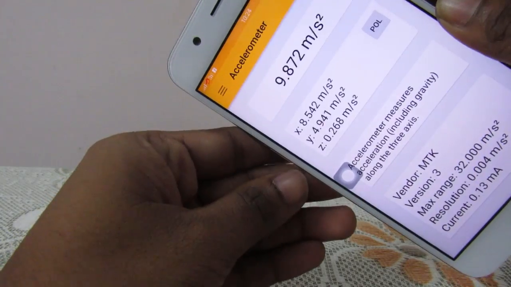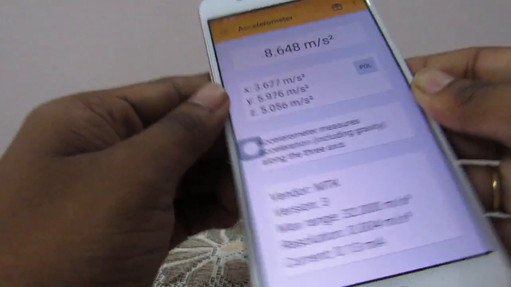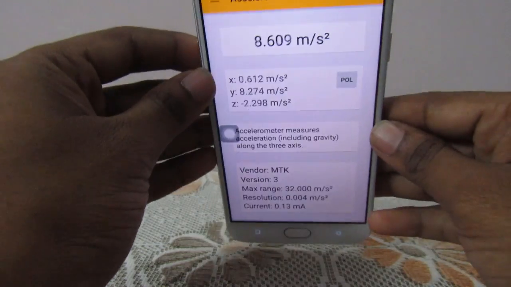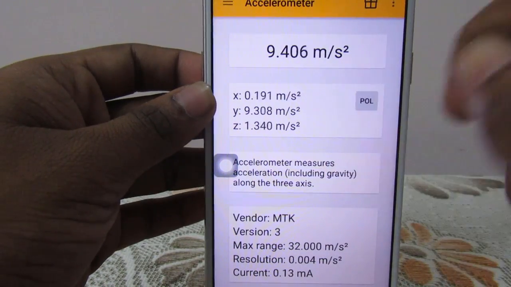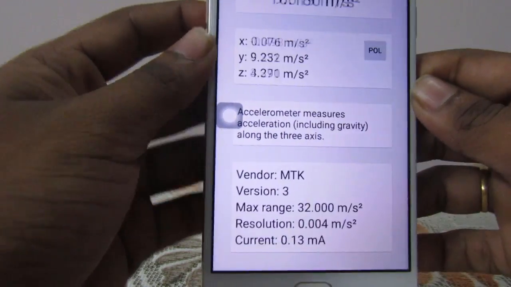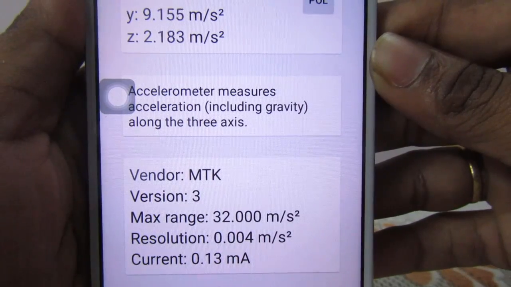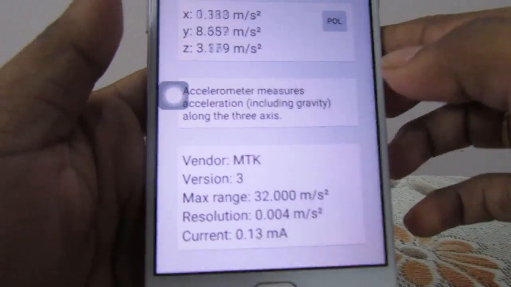If we rotate this side, the x is moving and z is going to minus, and it is minus x and minus y. In the z direction we can find 9.4 meters per second squared. The accelerometer measures acceleration including gravity along the three axes.